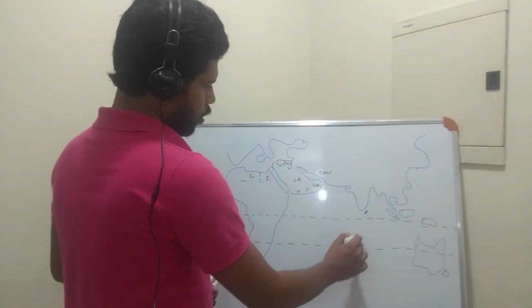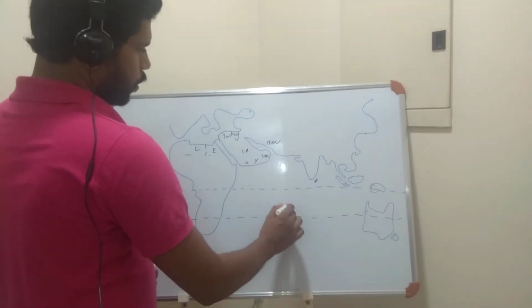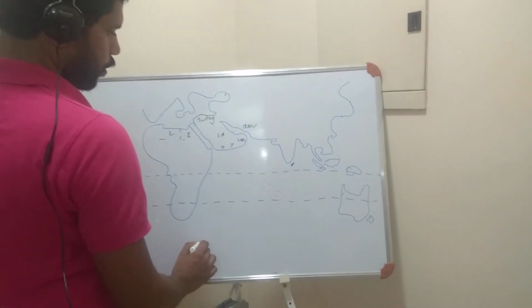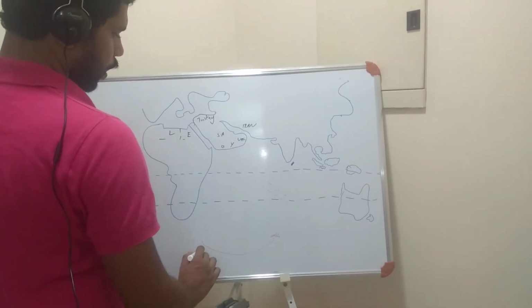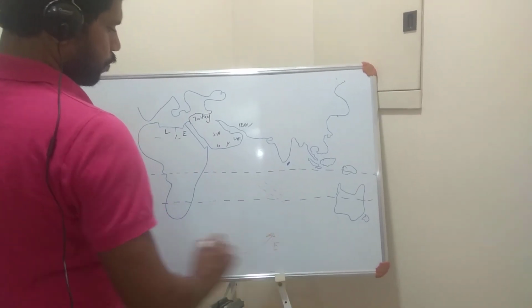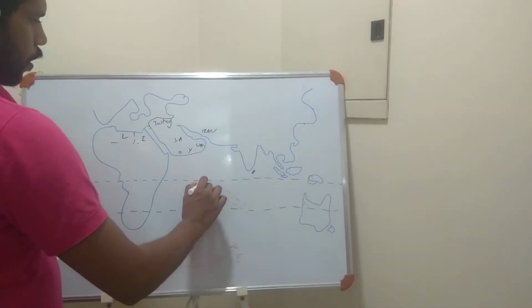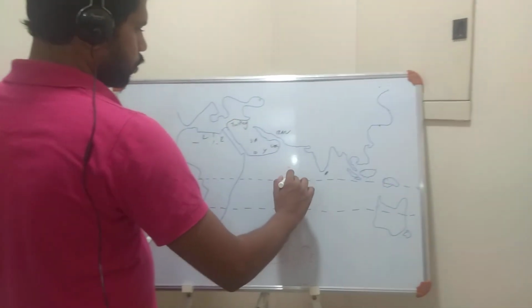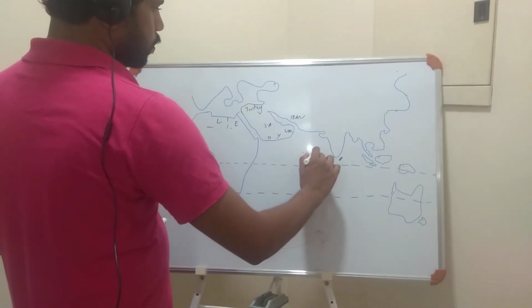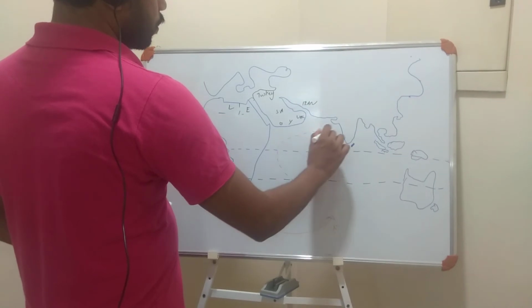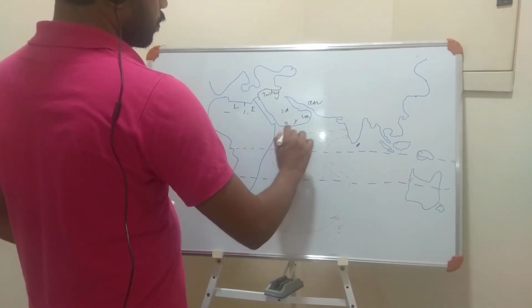See, once the winds reach the equator, due to the rotation of the earth, which is rotating from west to east, there is a tendency for them to move towards the right. So the winds, if you come here, all these winds will move towards this region.